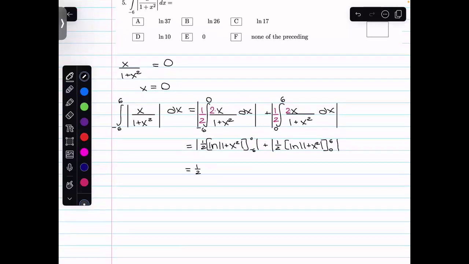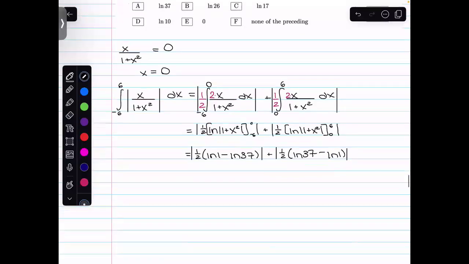And then we just do the calculation. So we should have 1/2 and then ln of 1 minus ln of 37. And then we put that in absolute value. And then here you get 1/2 ln of 37 minus ln of 1. And ln of 1 is 0.